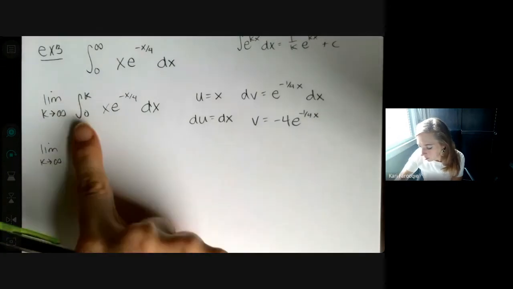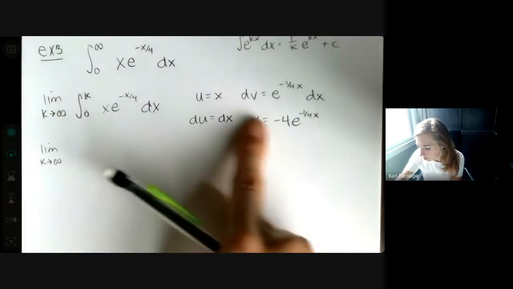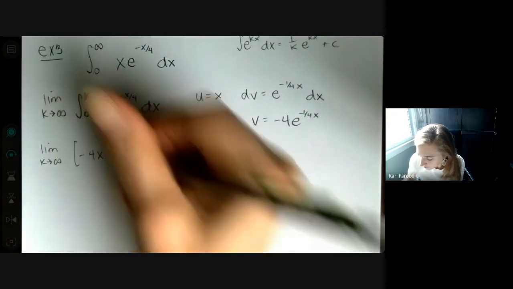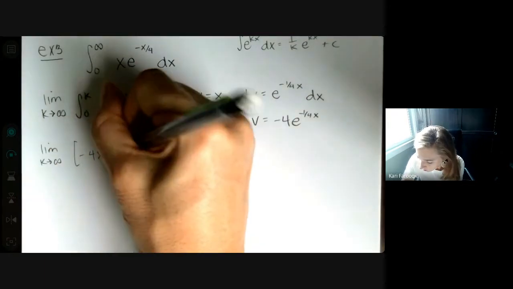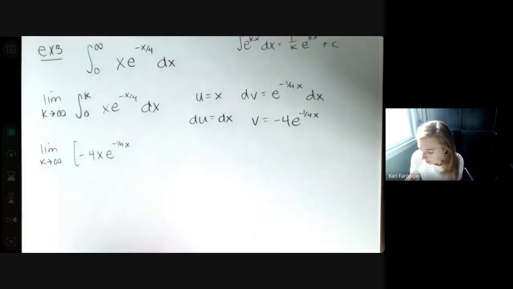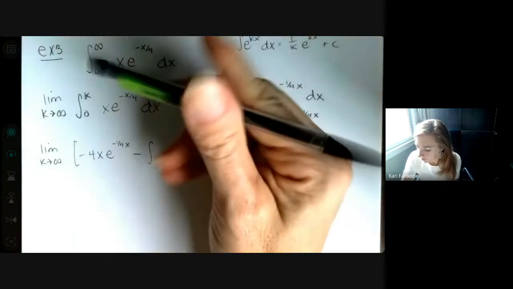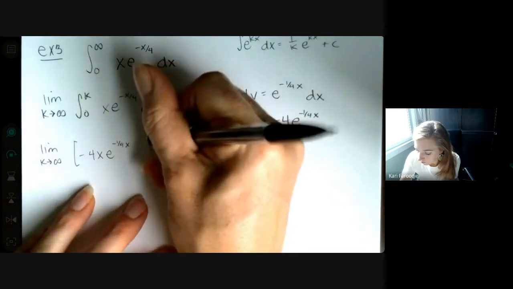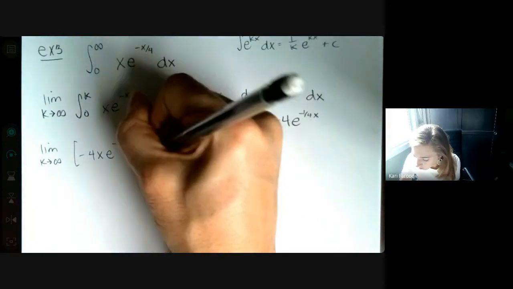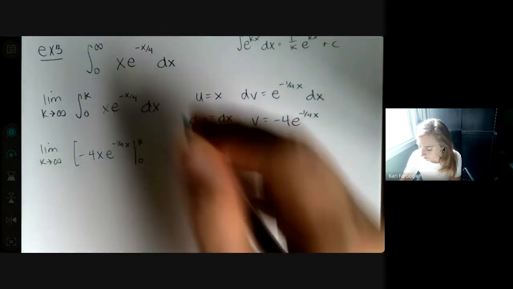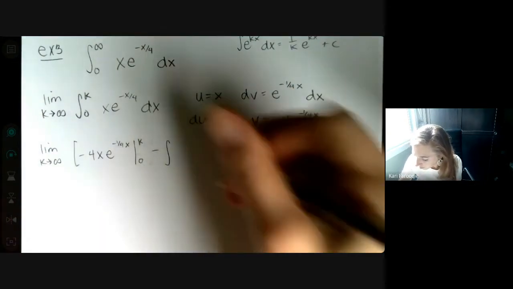All right, so we are turning our integral into uv, so negative 4x e to the negative 1/4 x. And because we have a definite integral here, I want to make sure we don't forget about our evaluation from 0 to k, minus the integral of v du.